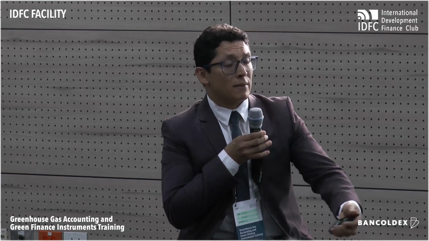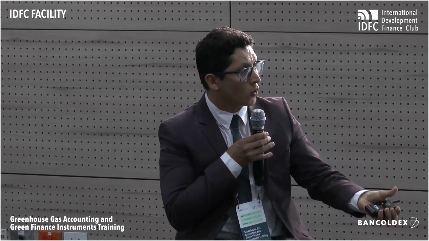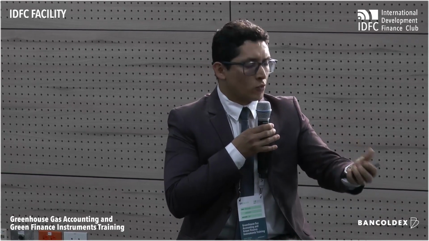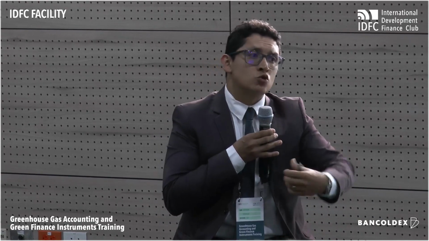We are participating in, what's the name of the kind of operation? In funds investing in greenhouse gas emission reduction projects, for example, reforestation, renewable energy generation. And as part of that participation, our idea is to use those carbon credits to compensate the greenhouse gas emission of our credit operations.